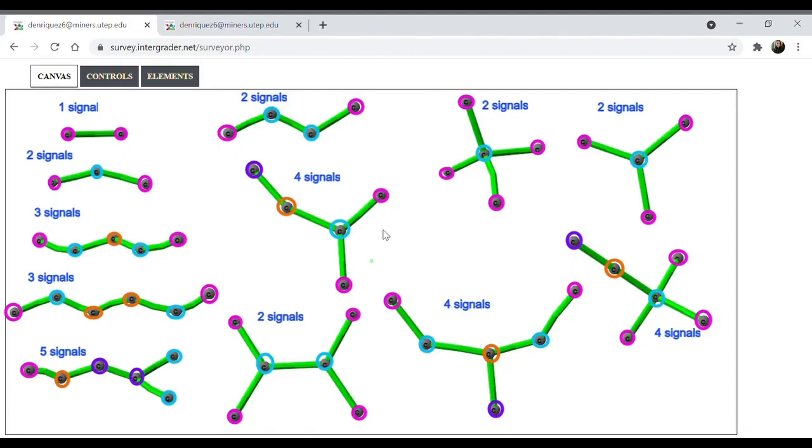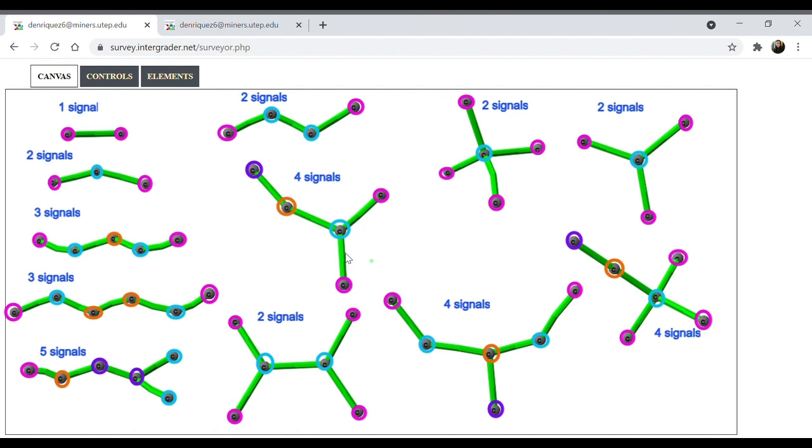This is like the one he had, and it's just showing the basic different isomers with the signals. So let me show you how to do this. This one has 2 signals. So that means these pink ones are equivalent and come up as 1 signal. These blue ones come up as one single signal as well. So that's why there's only 2 signals.